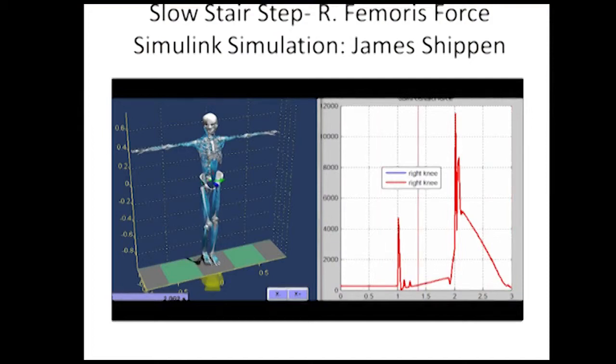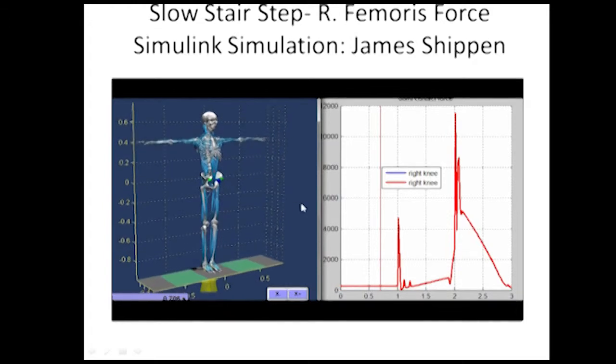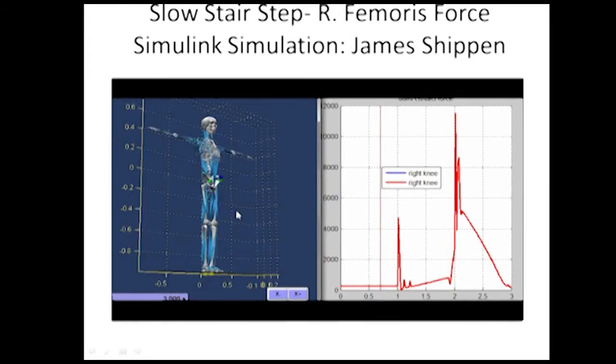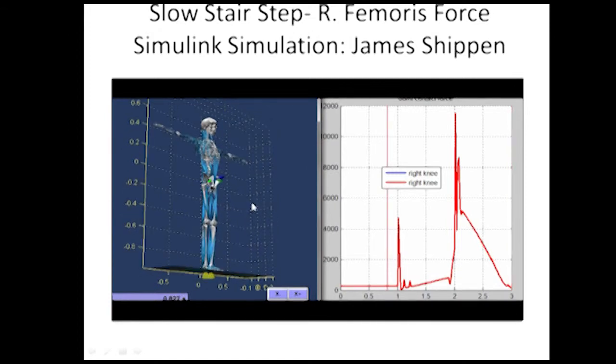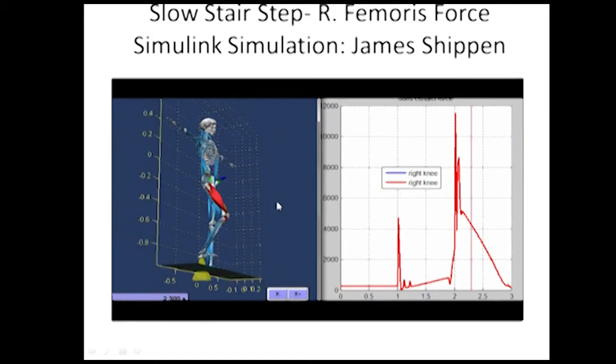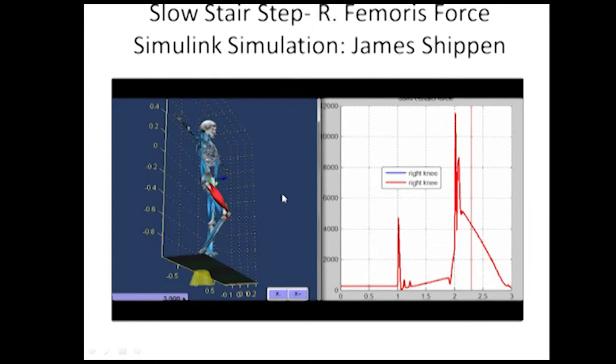So here is a simulation of a relatively slow stair step, where we're looking at the individual and just the muscular activity, mainly in the right leg, which is doing the step, actually showing the muscle force in the rectus femoris.